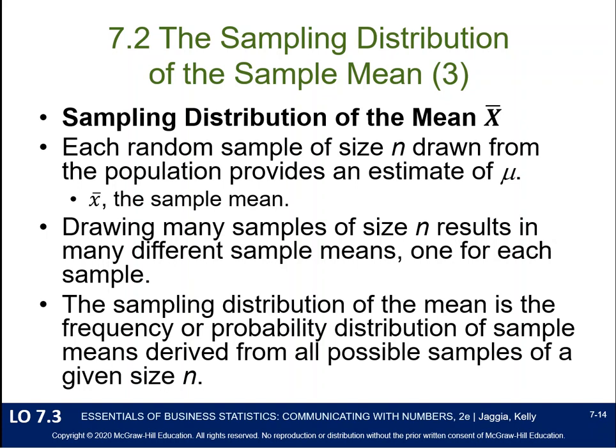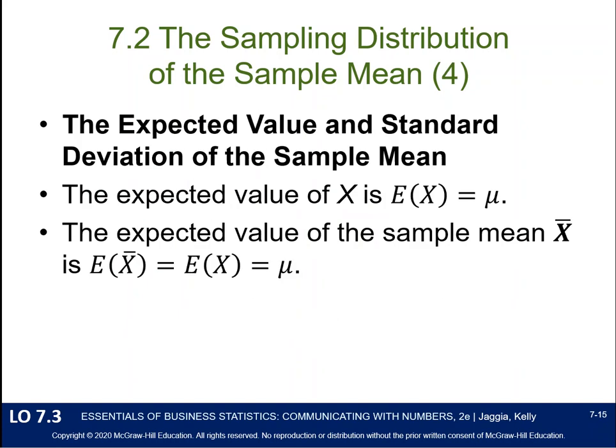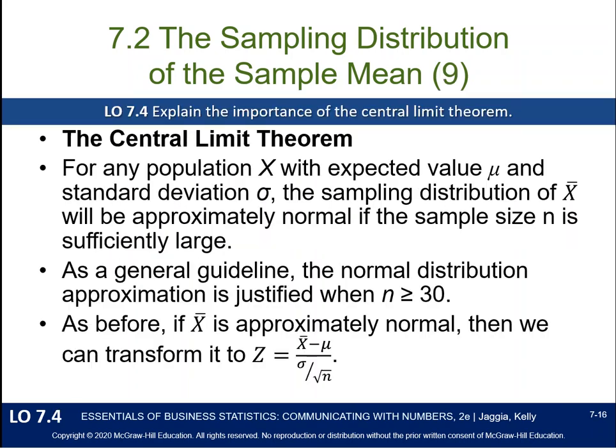So chances are, if we've drawn good samples, all of our sample means will be close, they'll be similar, they won't be exactly the same, but they'll be close, assuming that we've used good sampling techniques. So we can say that the expected value of X, or the expectation of X, is mu, and therefore the expected value of the sample mean is X bar, which is the mean.